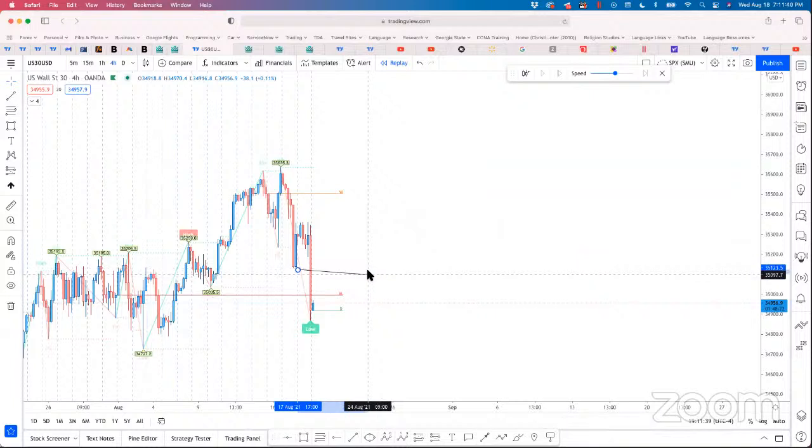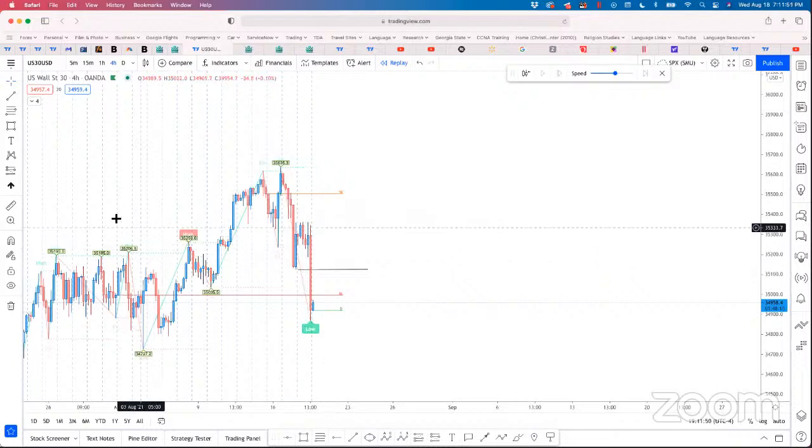It's right here. This is our first area of interest. This is our next area.